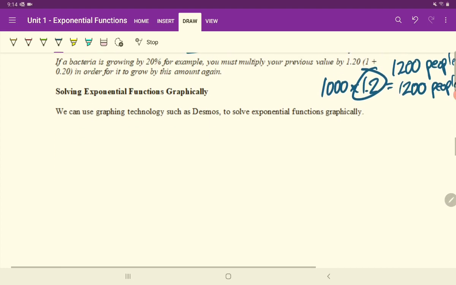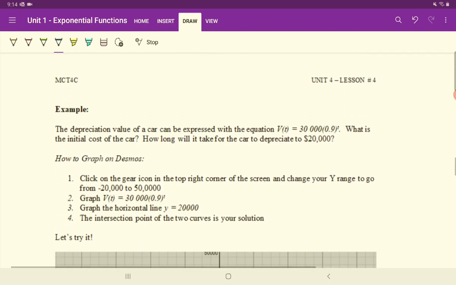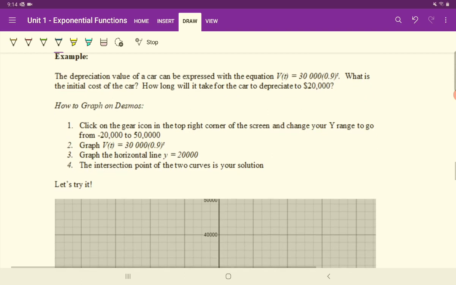All right, so let's look at an actual example that we're going to use Desmos to solve. So sort of a real world application here, okay? Here it is. The depreciation value of a car can be expressed with the equation V of t equals 30,000 times 0.9 to the power of t, okay? So V represents the value of the car. Remember, this is just in function notation.